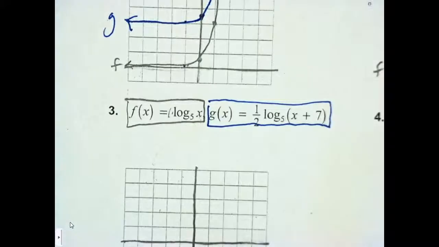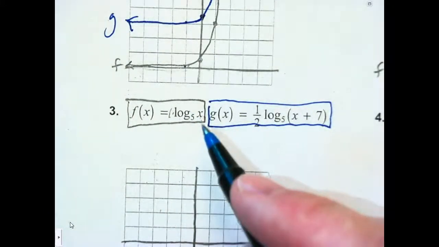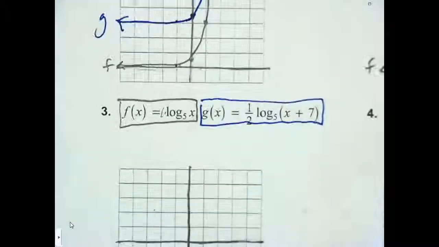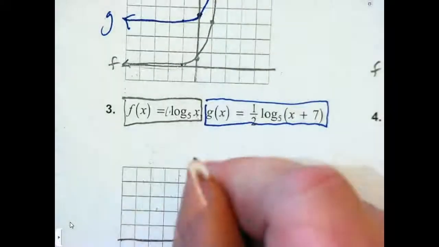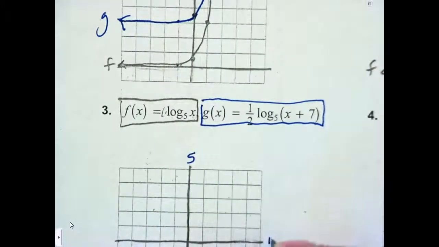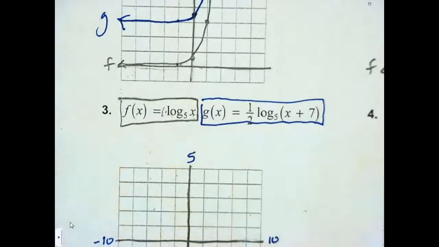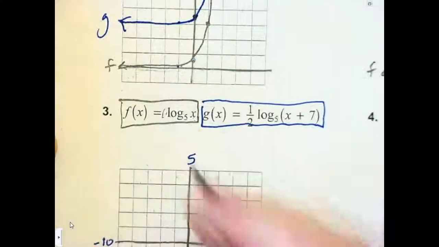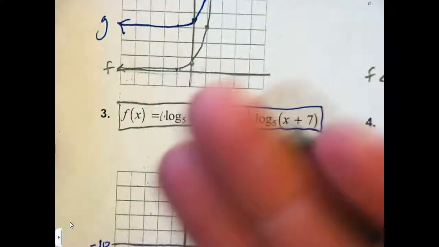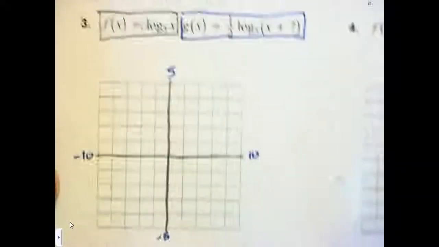Okay? Which intercept are we talking about? Well, we're talking about not a y-intercept anymore. We're talking about an x-intercept. Okay, so I'm going to make this a scale of 5 here. I'm going to make this one a scale of 10. Or excuse me, from negative 10 to 10 and 5 to negative 5. Okay? So my interval on the x is going to be 2. My interval on the y is going to be 1. Okay, so on my log graph, rather than going with a y-intercept, I'm going with a x-intercept.